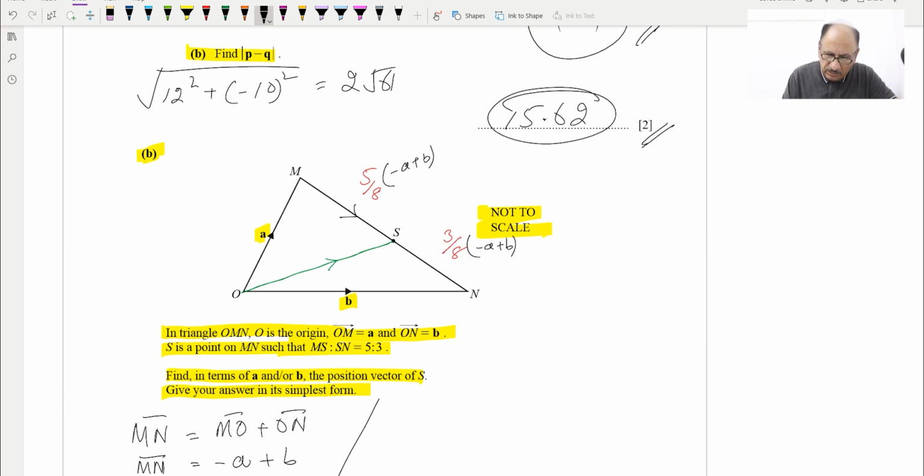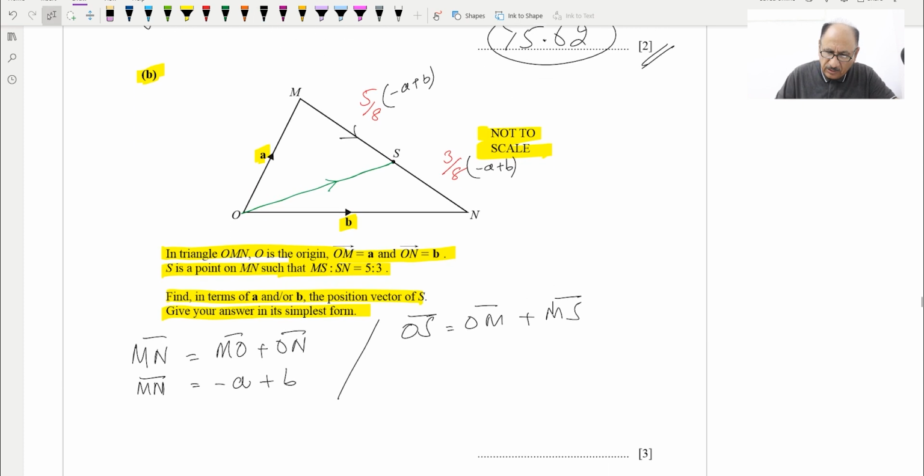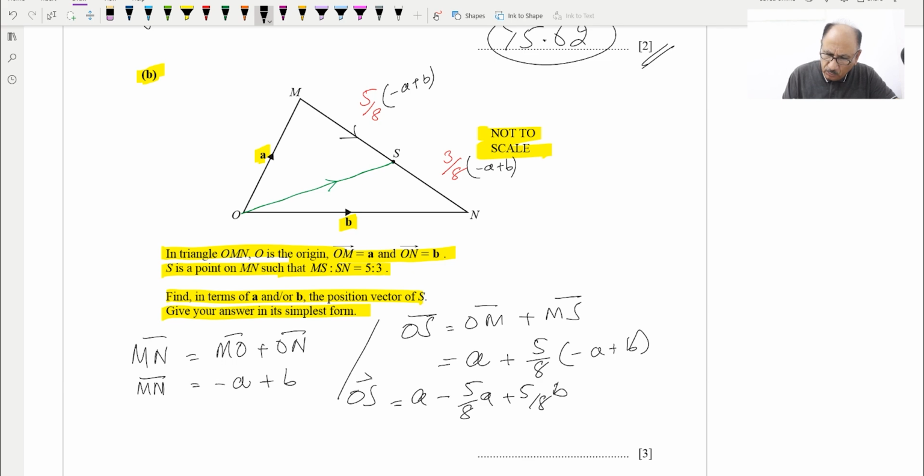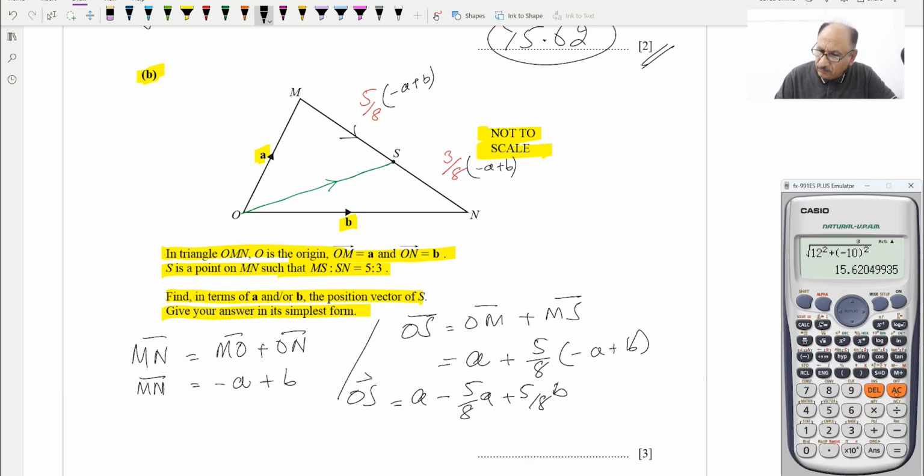Now the position vector of S, OS, is equal to OM plus MS, and these are vectors. OM is A, and MS will be 5 by 8 of minus A plus B. We will open the bracket, so OS will be equal to A minus 5 by 8 A plus 5 by 8 B. We can simplify 1 minus 5 over 8, which is 3 by 8.